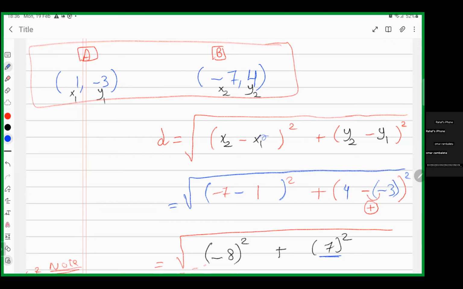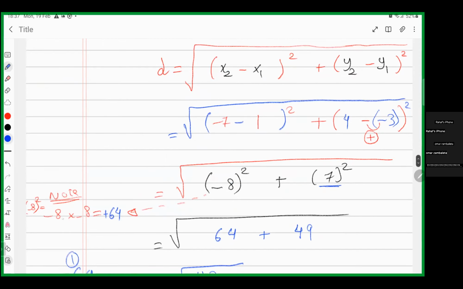Minus x1. What is x1? 1. So subtract negative 7 minus 1, all to the power 2. Negative 8 to the power 2. Negative 7, negative 1, similar signs, correct? Yes. So 7 and 1 is 8, but with a negative. What is negative 8 to the power 2, Rahaf?